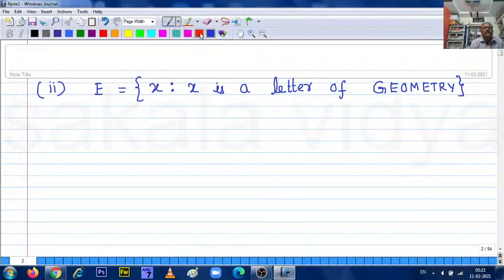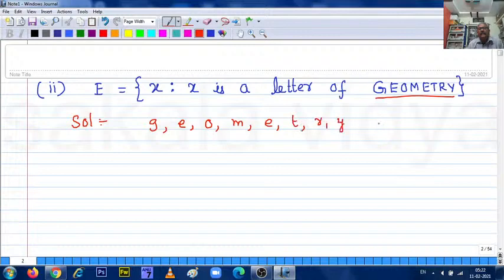So now the solution. In geometry, what are the letters? Write down here. First letters G, E, O, M, E, T, R, Y are the letters of the word geometry.